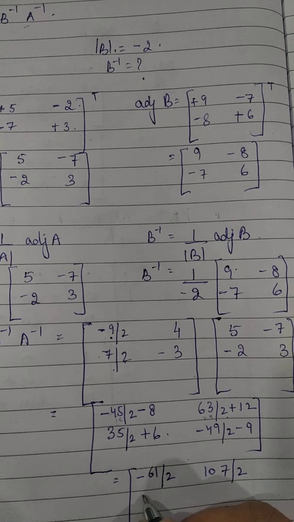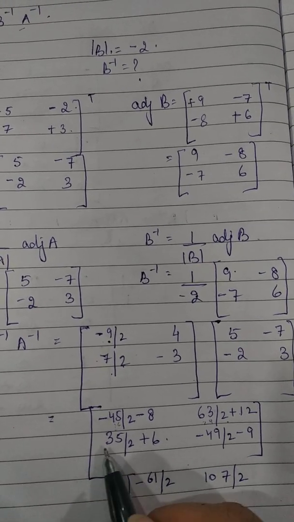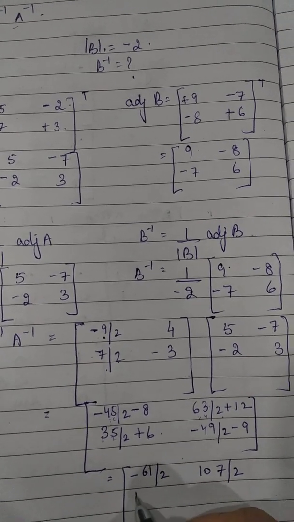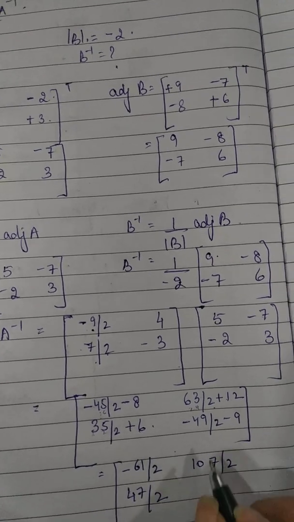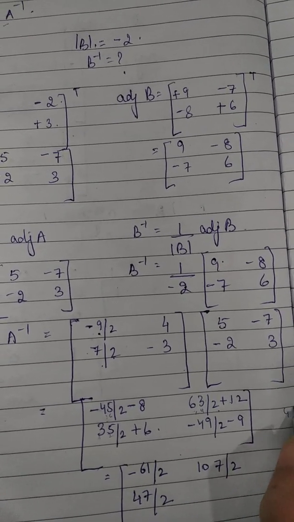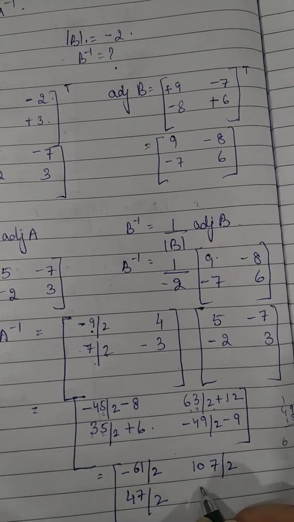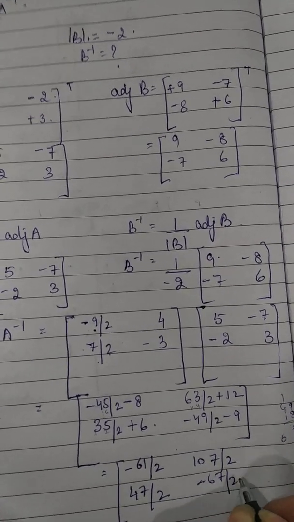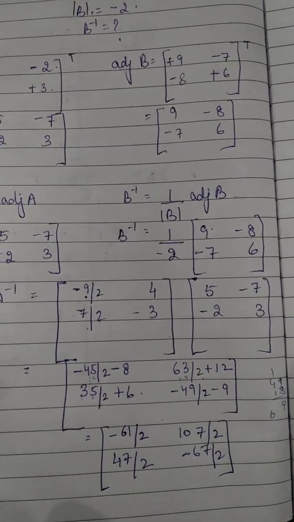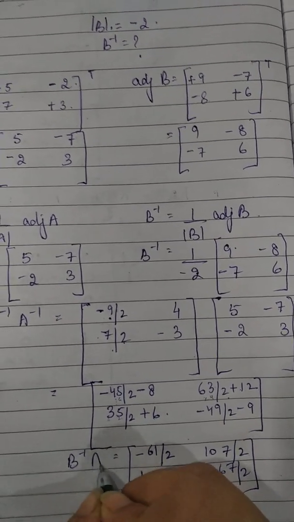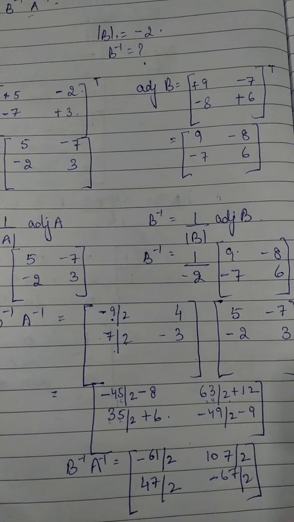Here we have 35 by 2 plus 12, which is 47 by 2. And here we have 49 and 18, so that's minus 67 by 2. So this is our B inverse A inverse, right?